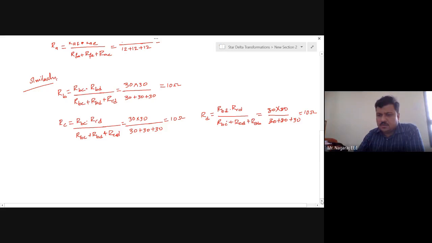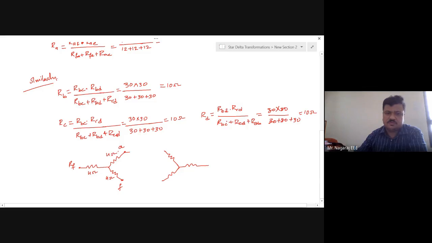So when I replace the circuit with these values, now this is RF, this is 4 ohm, this is A, this is E. This is 4 ohm, this is 4 ohm.